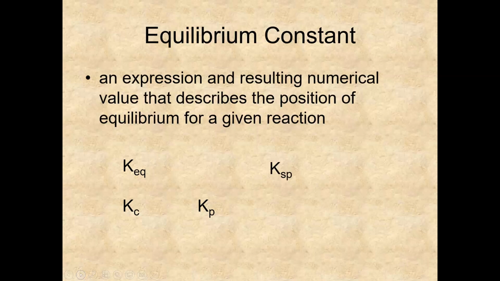Whenever we get later into this unit, we're also going to be looking at Ksp. This looks at the solubility of some of our insoluble salts. And whenever we do acids and bases next unit, we are going to look at Ka and Kb. They're all going to be representatives of an equilibrium constant, but they focus on different parts of a reaction.